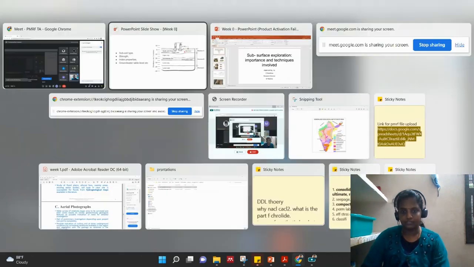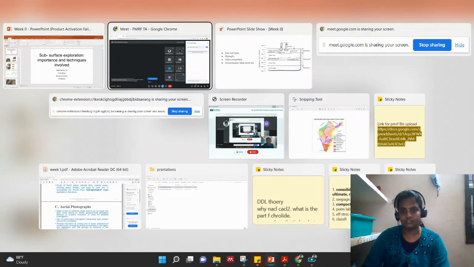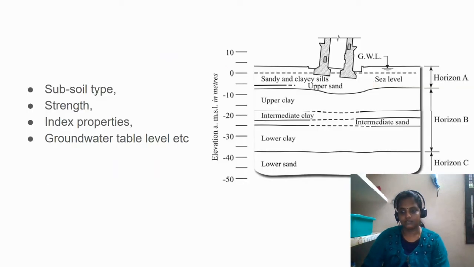What structure is this? Taj Mahal? It's tilted. I gave you a clue. Taj Mahal is not tilted yet. This is famous because it is tilted and it is able to withstand till now.